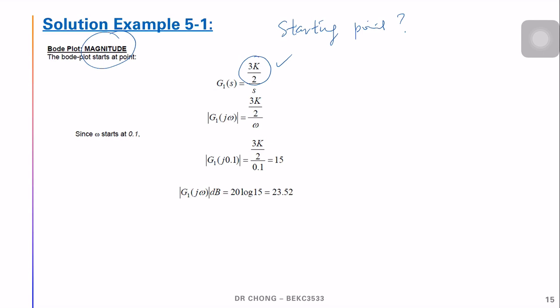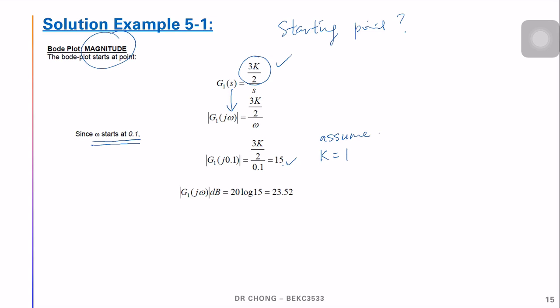So we pick G1, 3K per 2 over s, then this s becomes omega, 3K per 2 omega. From the question, usually they will tell you where to start. Like this one, we start from 0.1, then you substitute omega 0.1 and it equals 15. For this case, you assume K equals 1. If they don't let you know what the K value is, you assume it.